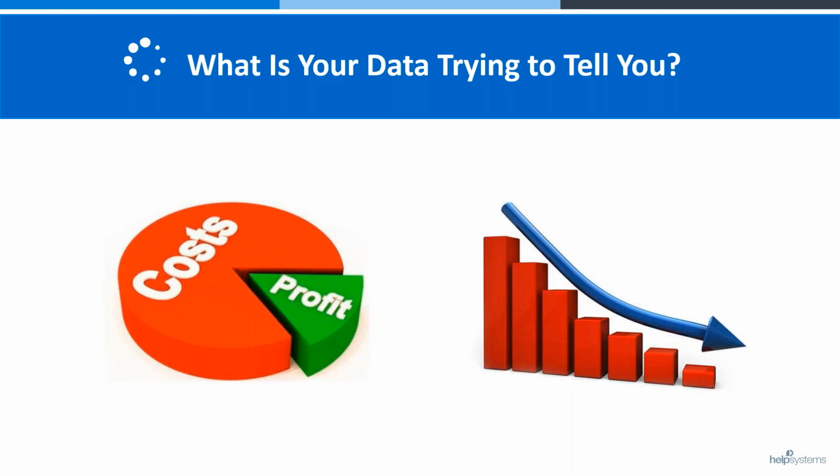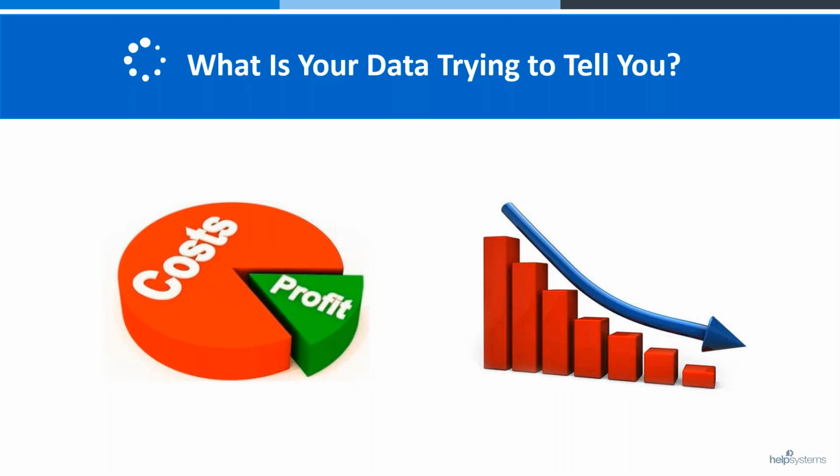Your business data is trying to tell you different things. And if you are not using it correctly, or if you don't have the correct tools to use it, your organization is missing out and can even be suffering from it. Your data might be simply telling you that you need to make course corrections for the company because the cost of goods is not balancing with the profit margins it's being sold for.